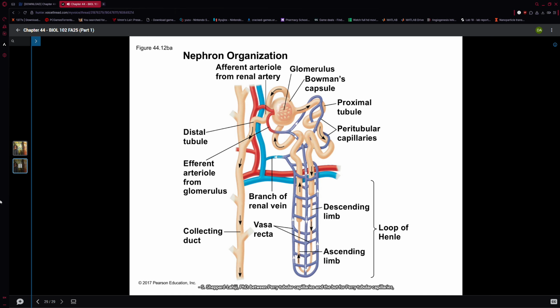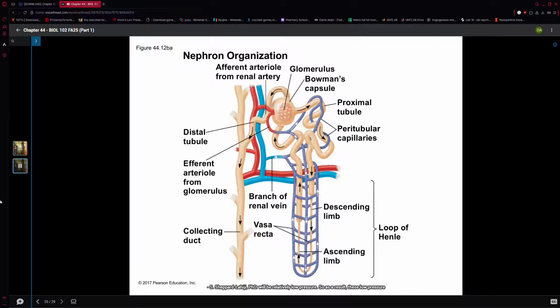But peritubular capillaries are going to arise from efferent arterioles, and efferent arterioles have a pretty high level of resistance. So as a result of that resistance, there's going to be diminished pressure because the blood has to deal with that high level of resistance. So by the time you get to peritubular capillaries, what you'll experience in that location will be relatively low pressure.